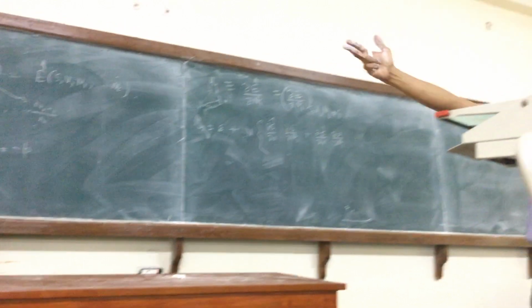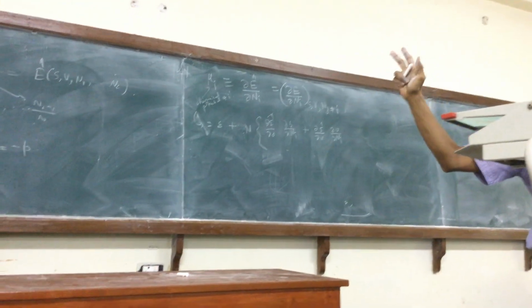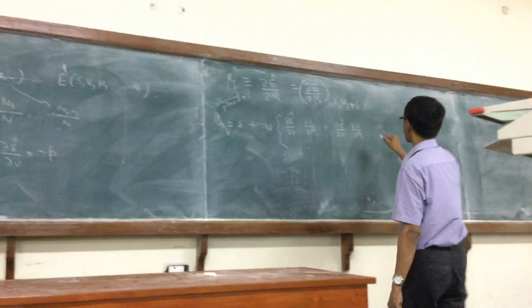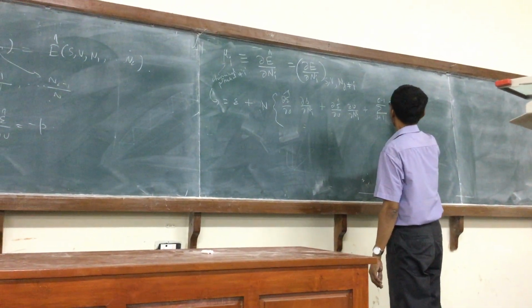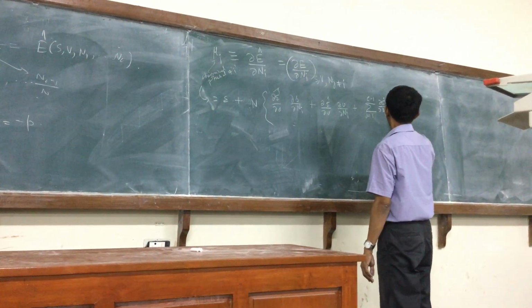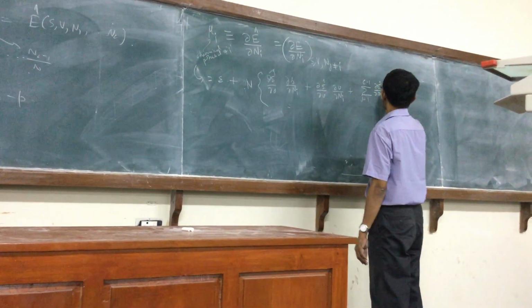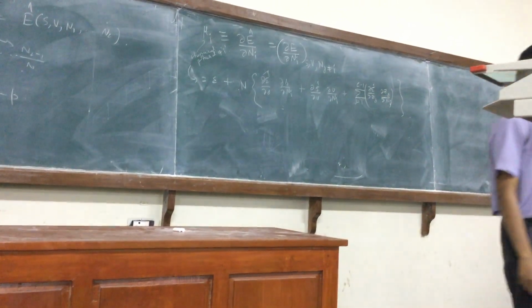There we would have had ds by dn, dv by dn, and now we also have to deal with the mole fractions.